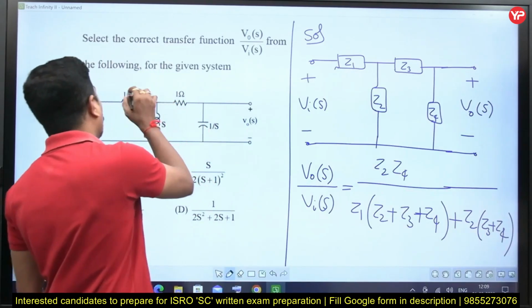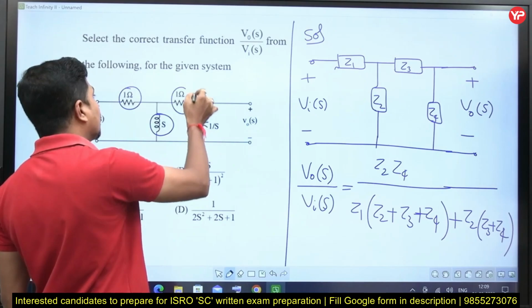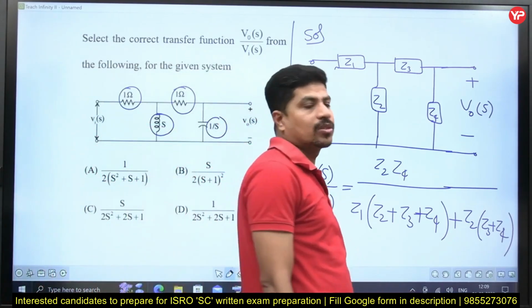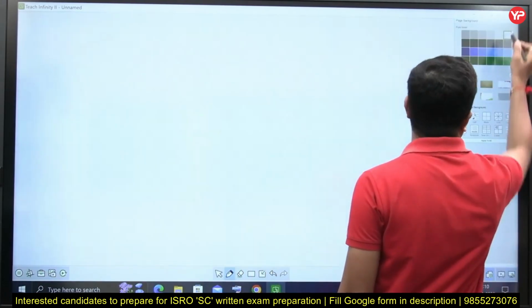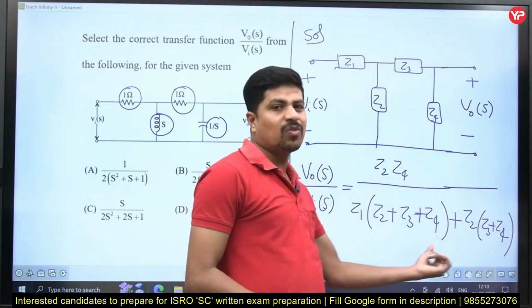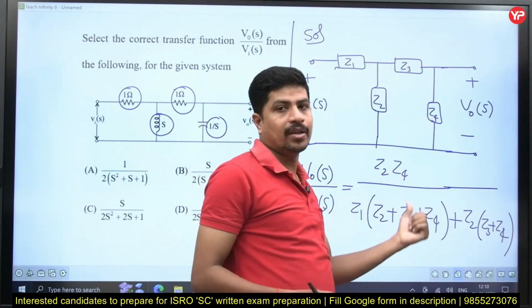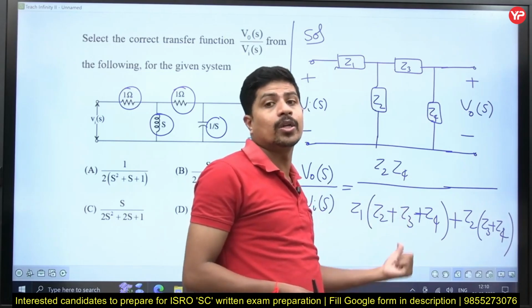In place of Z1 1 ohm, Z2 S ohms, Z3 1 ohm, Z4 1 by S ohms. S and 1 by S are in ohms. Okay, that is the formula. You can easily remember: 2 4, product of shunt elements, by start with 1 into 2 plus 3 plus 4, plus start with 2 into 3 plus 4. That way you can remember.